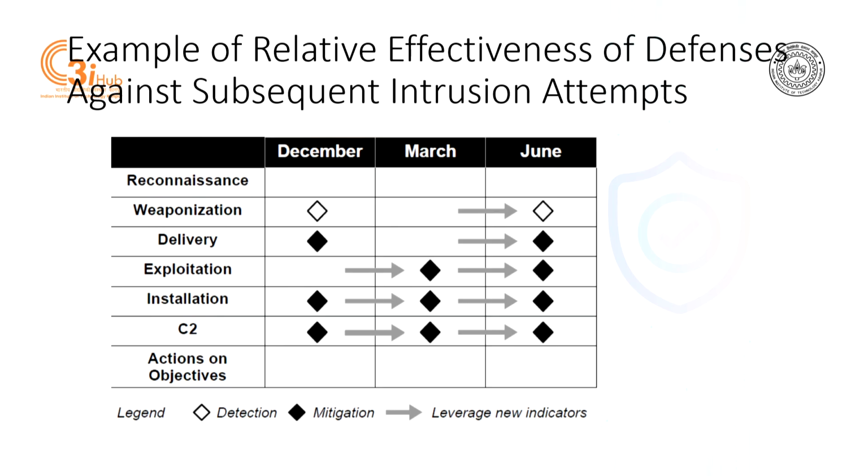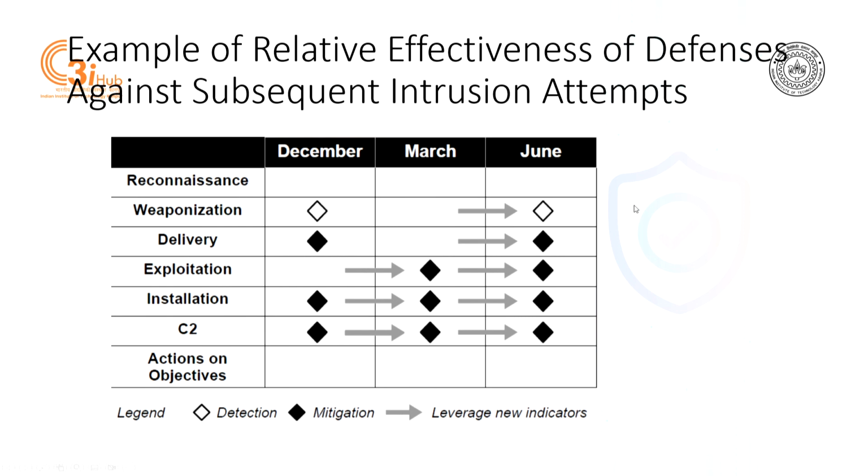Now, in March it might find that it was able to mitigate the exploitation, installation and C2, and then in June it might say that it was detecting weaponization again, and so on. So, you can figure out that in December you learned something, and you actually use that. That is what they are calling leveraging the new indicators.